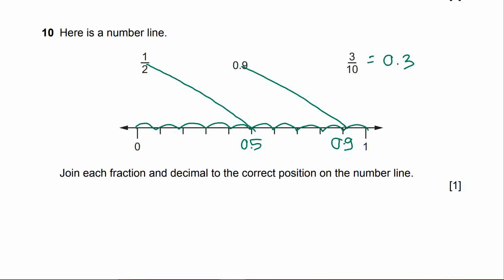So 0.1 is here. 0.2, 0.3. So this will be 3 by 10. Connect to here. So this will be 1 by 2. That's the answer. Next, number 11.